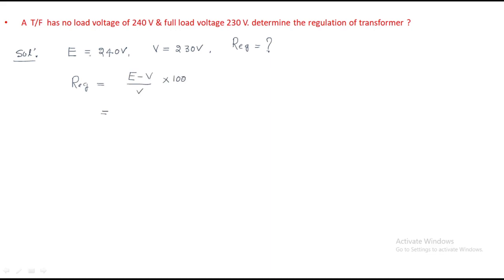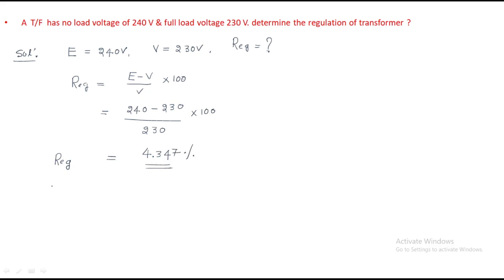What is E here? The no load voltage is 240 volts, and the full load voltage is 230 volts, divided by the full load voltage 230, into 100. Then if you do the calculation, the regulation value is 4.347 percent. This is the answer. This is the regulation percentage.